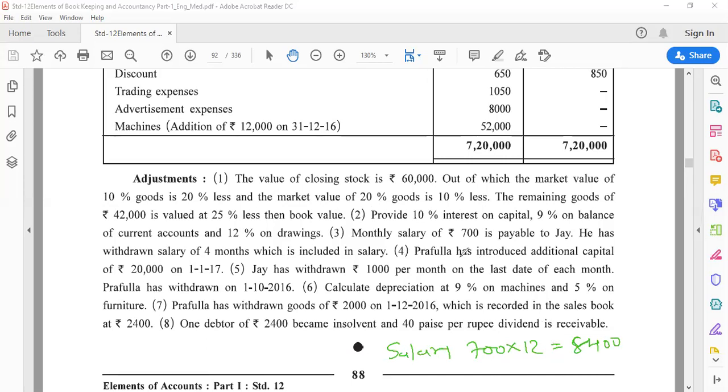Fourth adjustment, Prafulla has introduced additional capital of rupees 20,000 on 1/1/17. So this adjustment is related to this 10% interest on capital. And here we are talking about Prafulla. Let's calculate interest on capital of Prafulla and Jai.